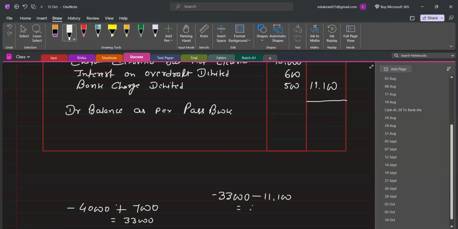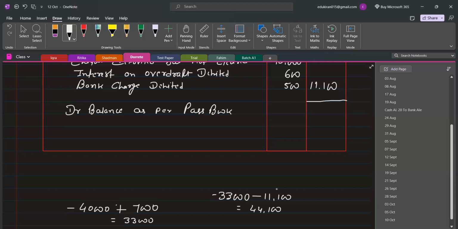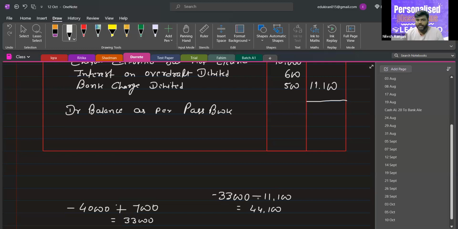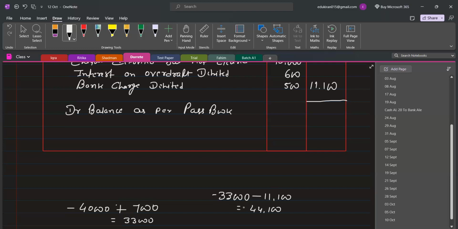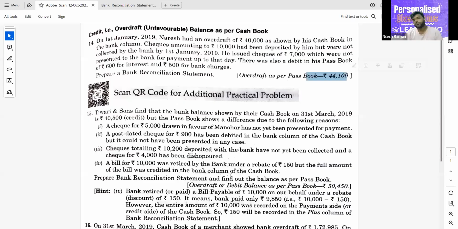It will be 44,100. How did we get 44,100? Because minus and minus is plus. So 33,000 plus 11,100. The sign is negative, but we have to add this because there are two negatives in the equation. So total 44,100. Now this is your solution.